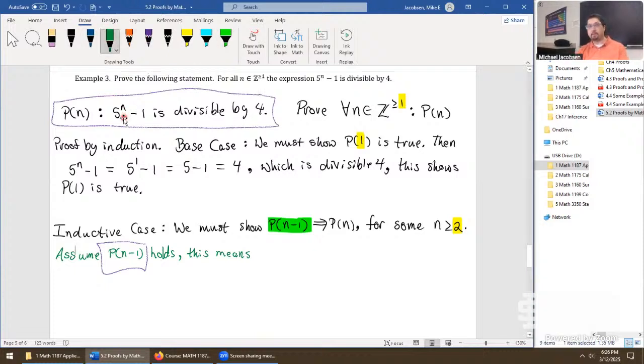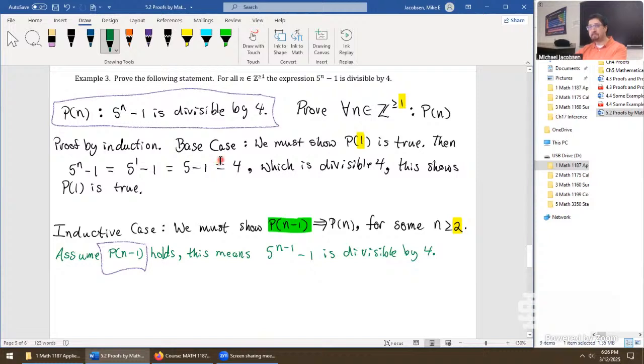So this would mean back up here, 5 to the power n-1 is divisible by 4. Now we're ready to really get started.